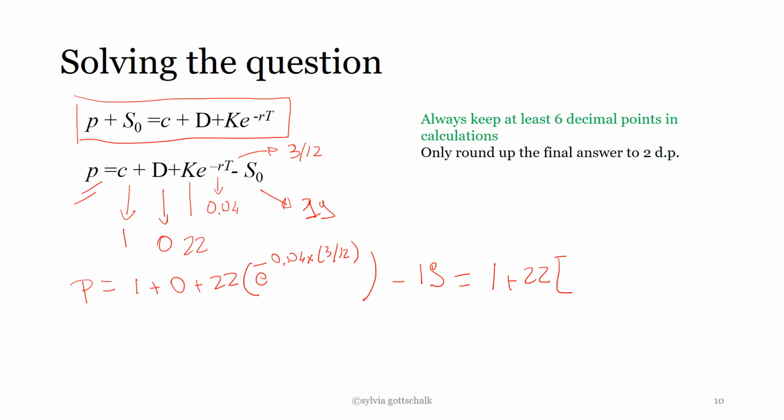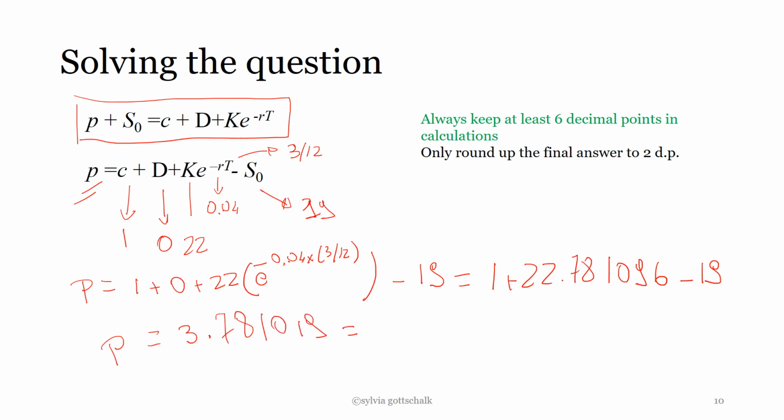The exponential expression is, in fact, if everything multiplied, 22.781096 minus 19. So it gives you a put price of 3.781019, which is 3.78 pounds.